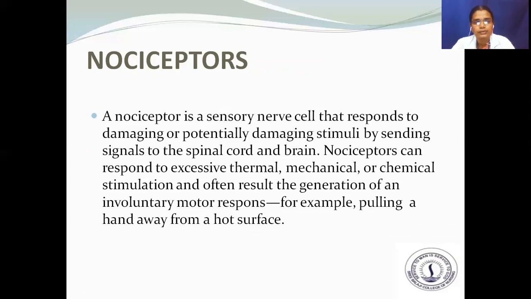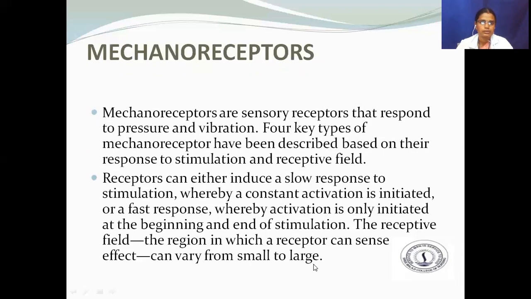Nociceptors can respond to excessive thermal, mechanical, or chemical stimulation and often result in the generation of involuntary motor responses, for example, pulling a hand away from a hot surface. This is the involuntary movement caused by the nociceptors.